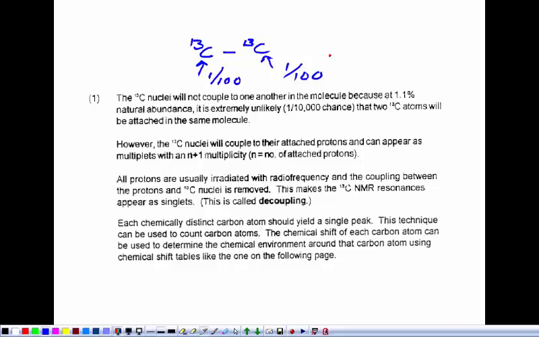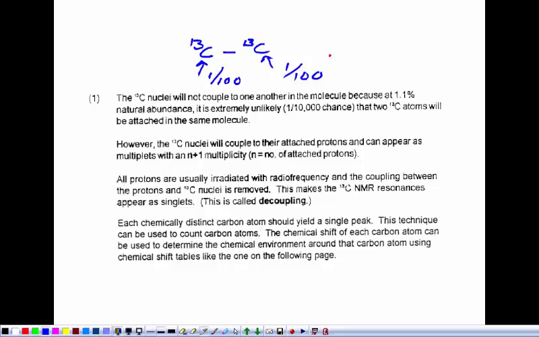Now, what does carbon couple to? If you have a carbon attached to a hydrogen, you will actually see the carbon split by its attached hydrogens. And that rule is n+1. What gets confusing is that we've now learned that n+1 equals the number of neighbors.